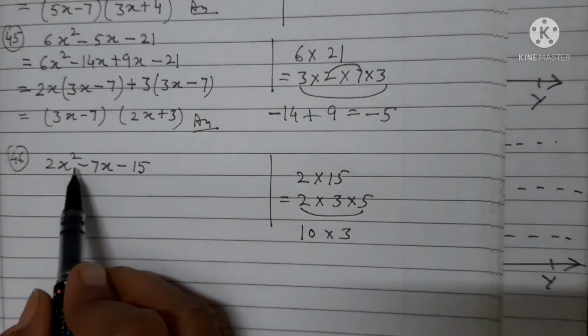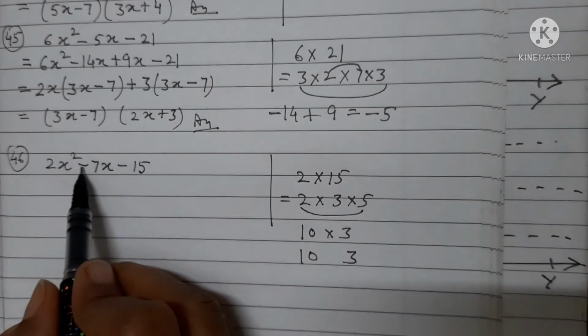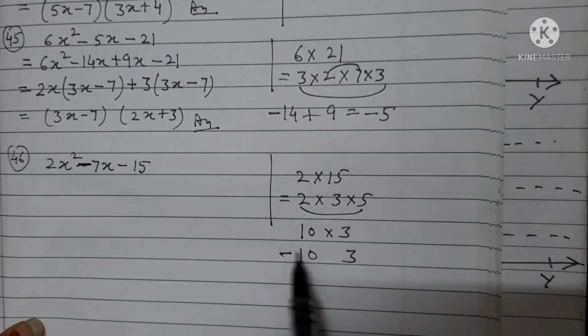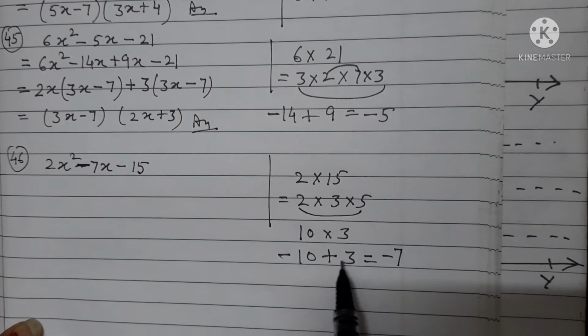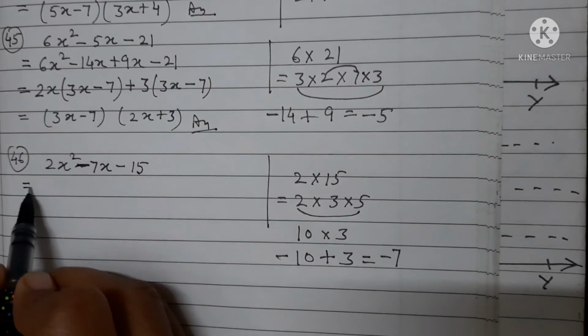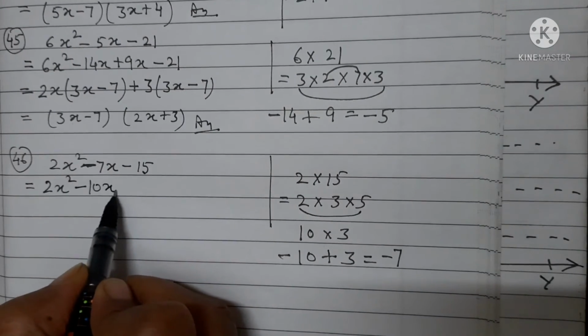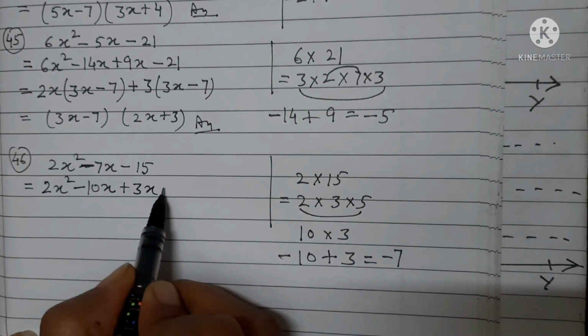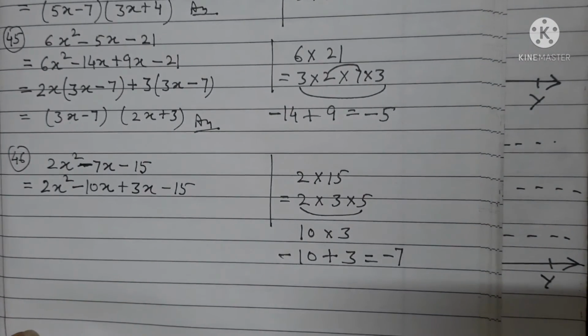So you can write 10 and 3, and because of the minus sign, the bigger number will be negative: minus 10 plus 3 is equal to minus 7. So write down 2x square minus 10x plus 3x minus 15, and take common and then do further.